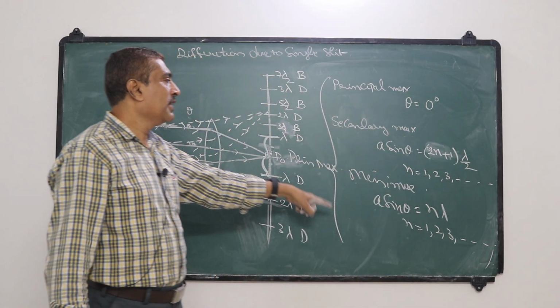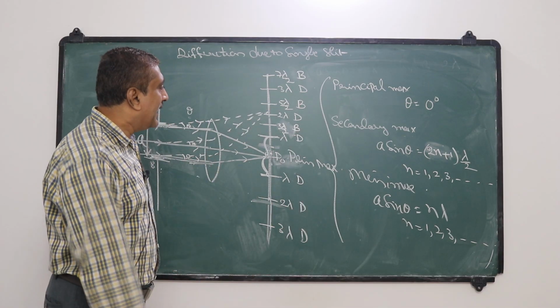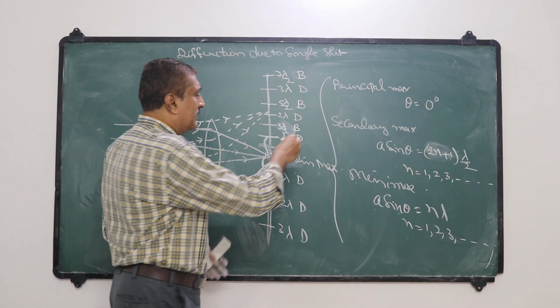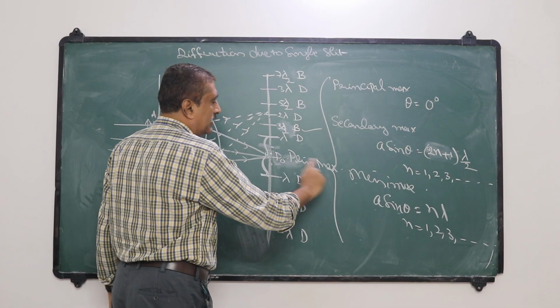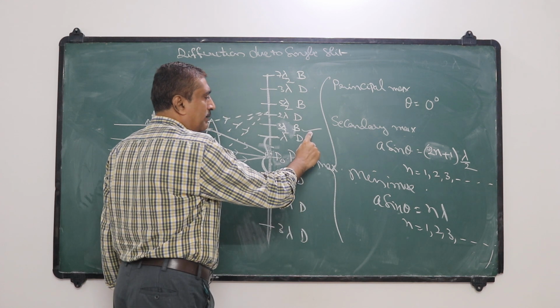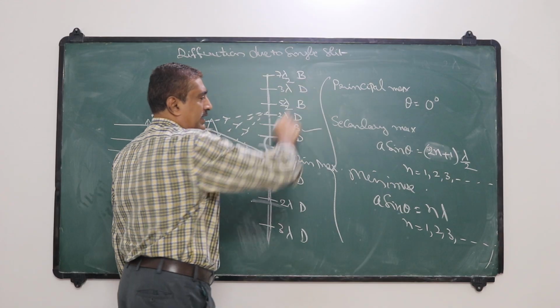So these are the conditions. Next we have to explain that we have bright bands. This is principal maximum, first order secondary maximum, second order secondary maximum, third order secondary maximum.